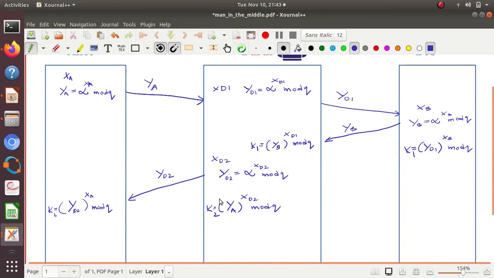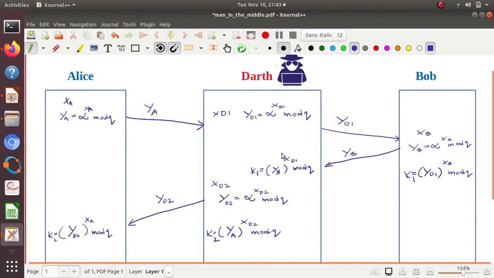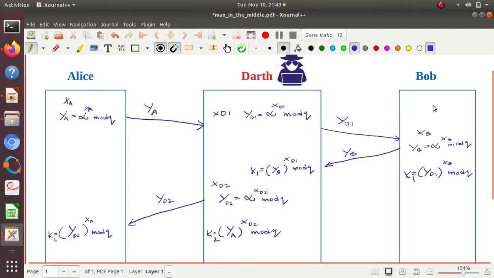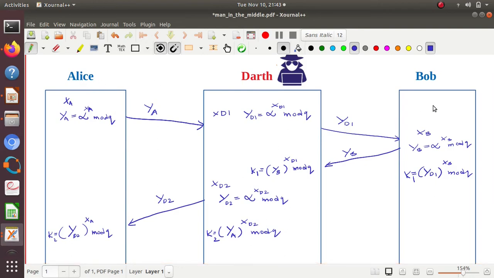So one key is shared between this attacker Darth and Alice, and similarly another key K1 is shared between Darth and Bob. Alice thinks that she has shared her key with Bob, and Bob thinks that he has shared his key with Alice.